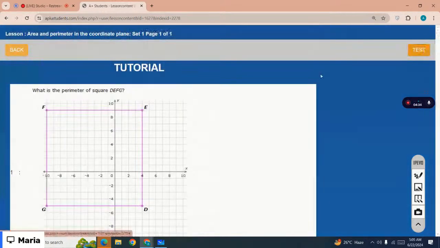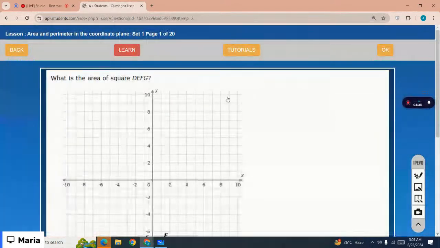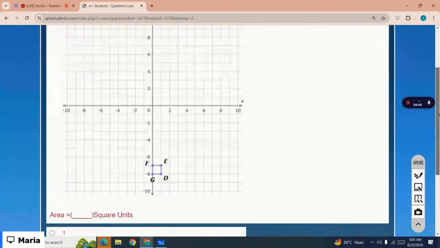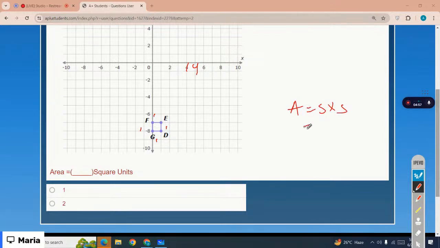Let's just start with the test questions. Find the area of the square DEFG. You have to find the area, right? So here is the square. The side length of the square is 1. You have to find the area of the square. Area of the square is side times side. That is 1 times 1.